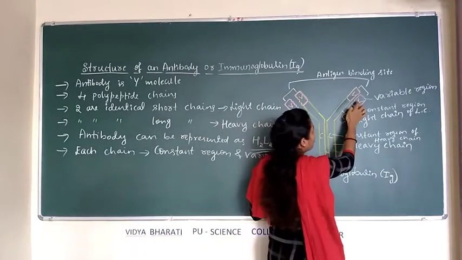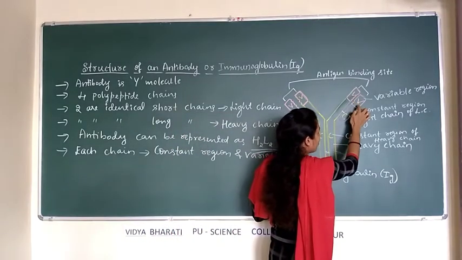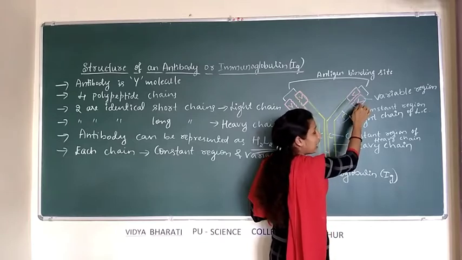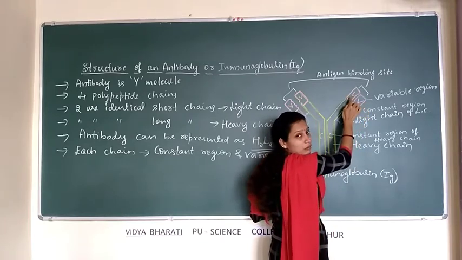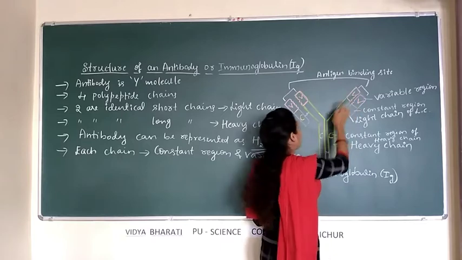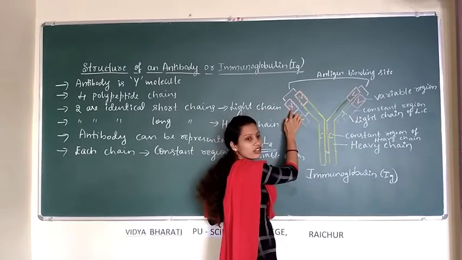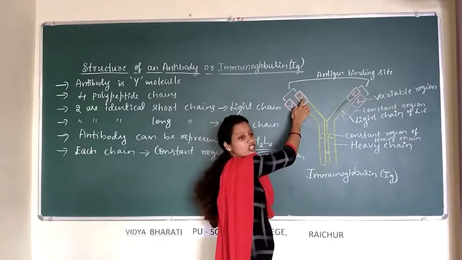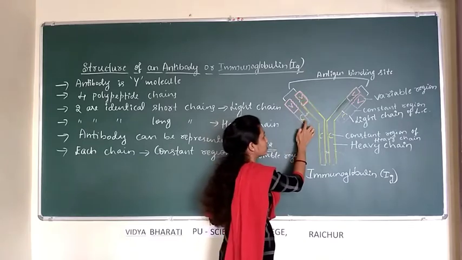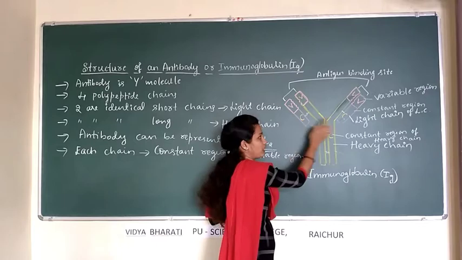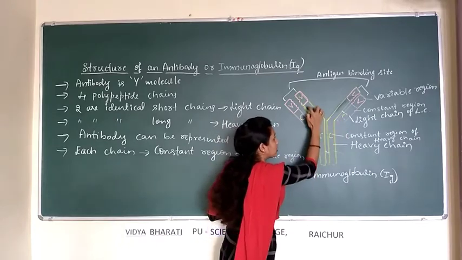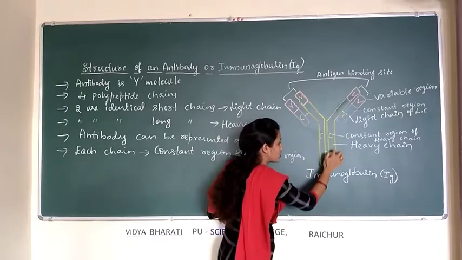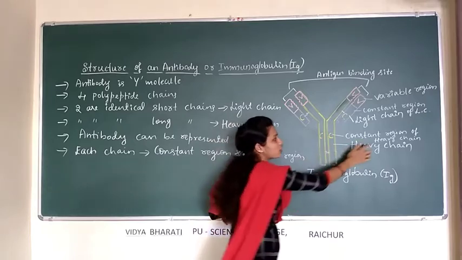This is the variable region of the light chain, and this is the variable region of the heavy chain. This is the constant region of the light chain, and this is the constant region of the heavy chain.